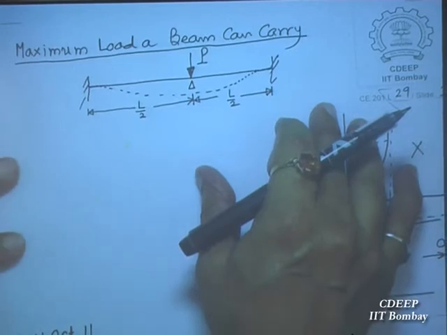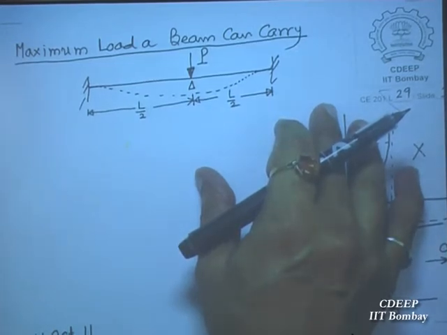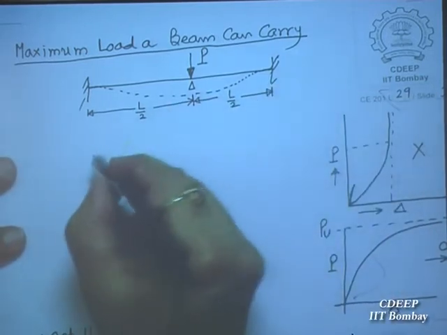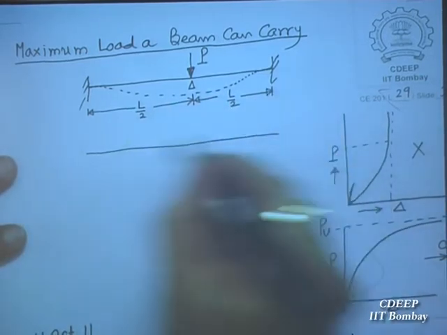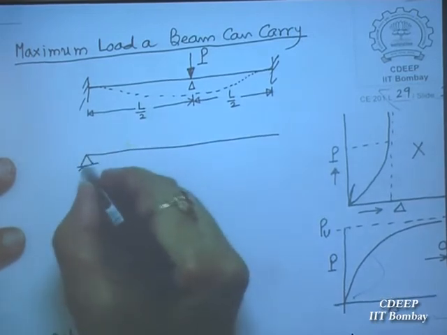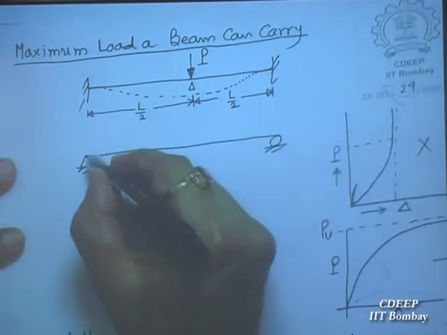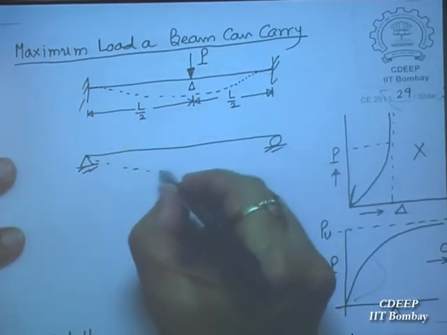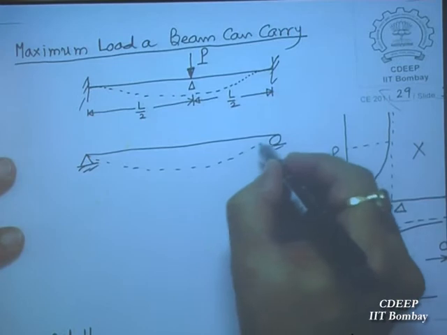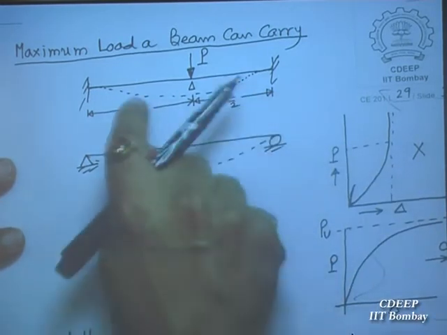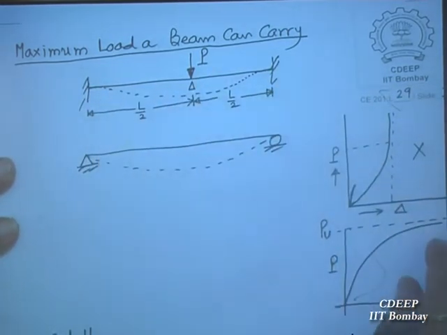Tell me physically what is the difference in the deflection profile of this beam and that of a simply supported beam. I'm not teaching mechanics here, I'm just saying common sense. I'm plotting it in front of you. This will be the deflection. What is the difference between this dotted line and the other dotted line which I have drawn?